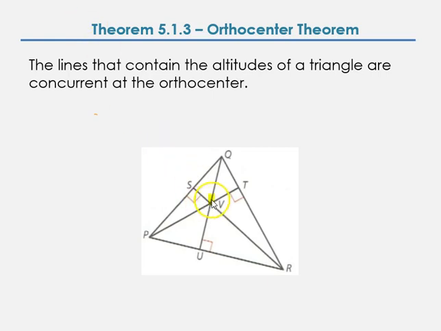So, in this triangle we have the orthocenter V. We have an altitude PT that meets the opposite side from the vertex at a 90-degree angle. You have the altitude RS, and you have the altitude QU.